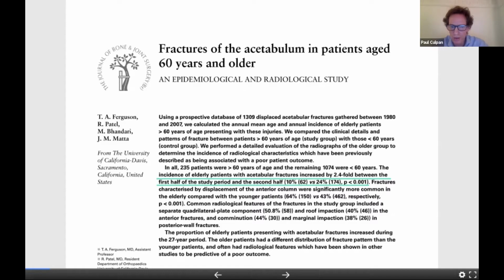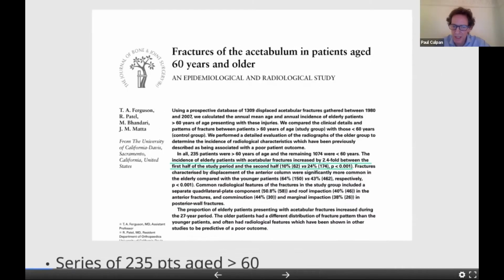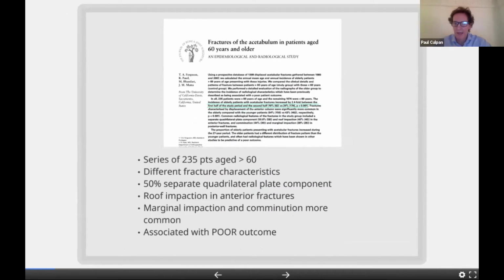What he noticed over a period of, I think, about 24 years or so, was that in the first decade there were many more high energy fractures and a much lower propensity to osteoporotic fractures, but this increased dramatically as time passed. This was a paper that he published, I think, 15 years ago or so. So the propensity for osteoporotic fractures is increasing.